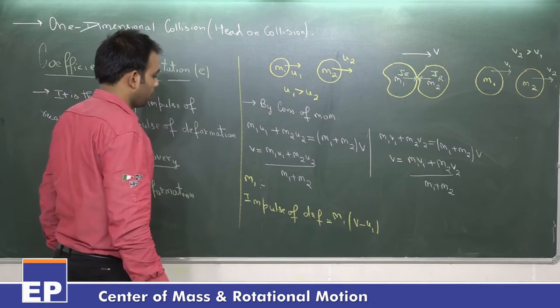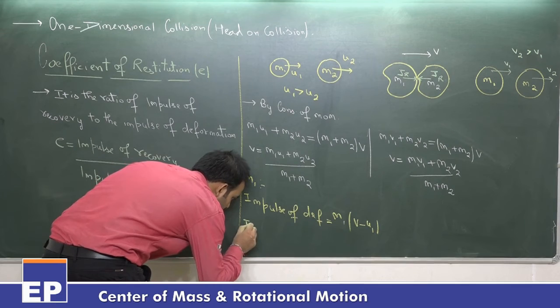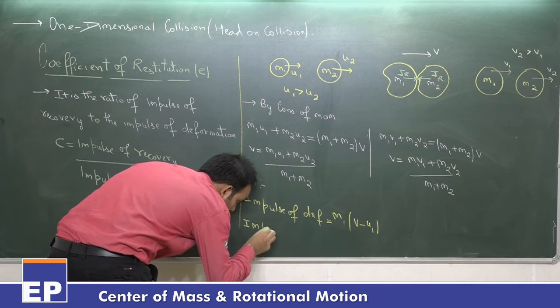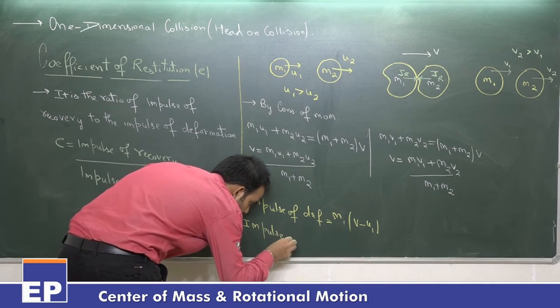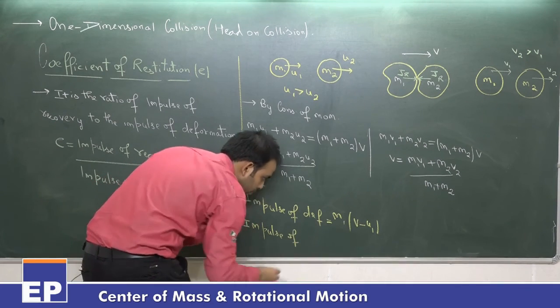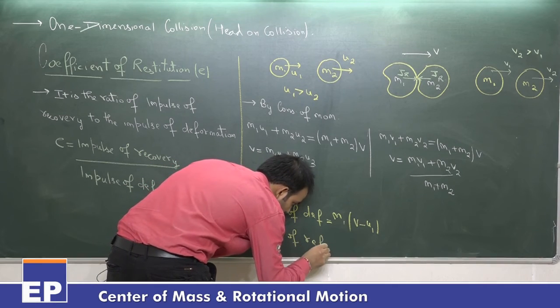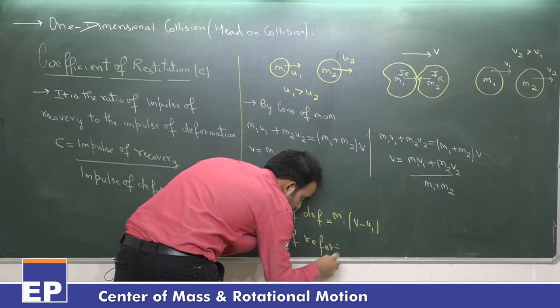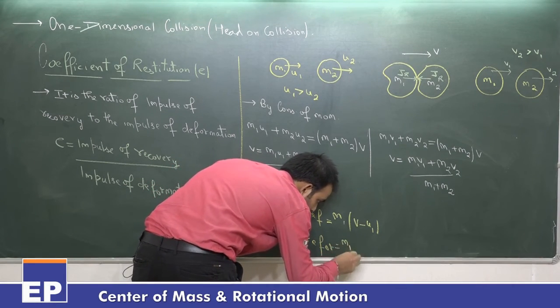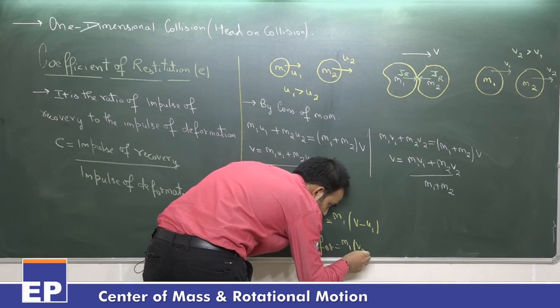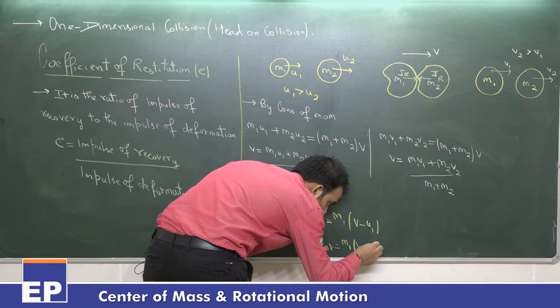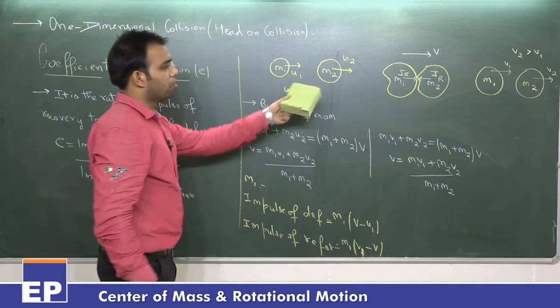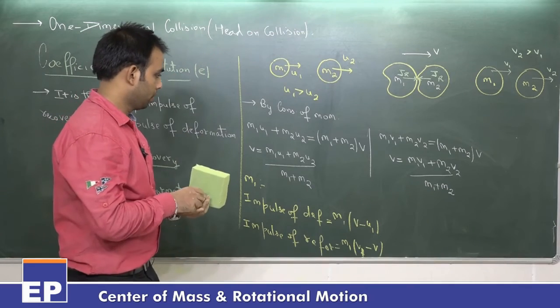And what is the impulse of reformation? m1 into v1 minus v. क्योंकि रिकवरी तो वहां से वहां तक हो रही है ना, that is the reformation stage.